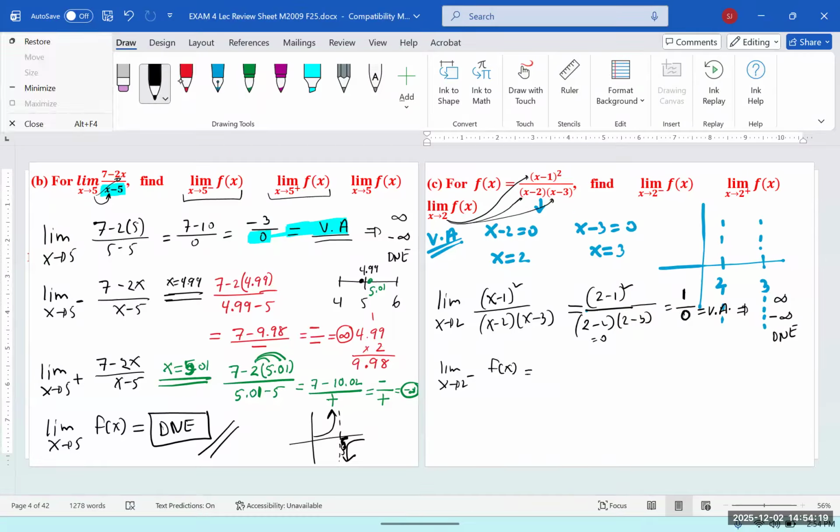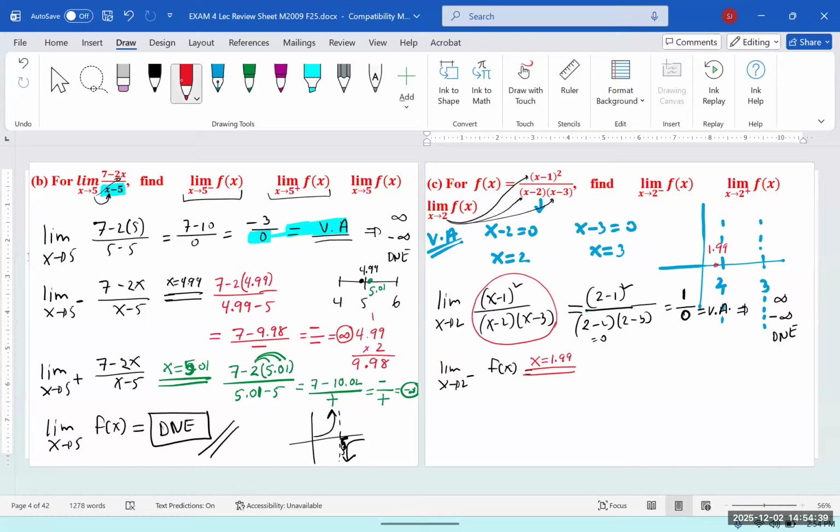Let's say we have 1.99 on the left. So our x is 1.99, and we substitute this 1.99 into our function, and we observe what sign it gives us.